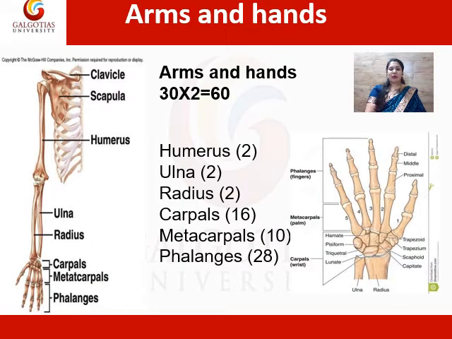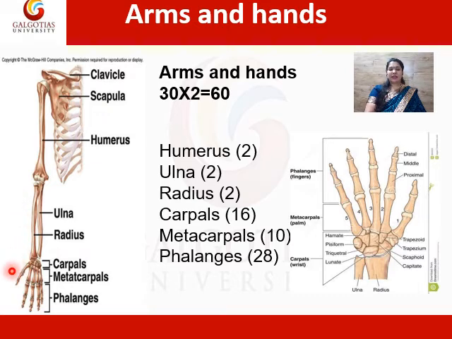Then comes the arm and hand. The humerus forms the arm, the ulna and radius form the forearm, and the structure of the hand is formed by the carpals, metacarpals and phalanges. Humerus are 2 in number, 1 on each side. Ulna are paired, 1 on each side. Radius is also 2 in number, right and left.